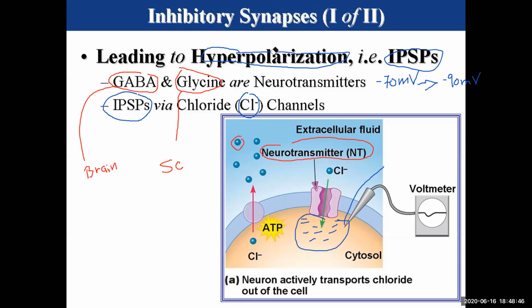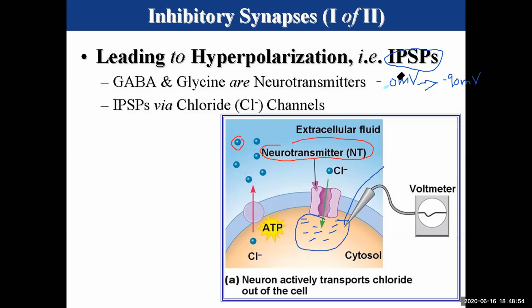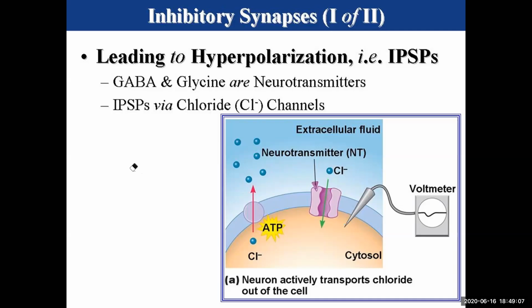So that's one way of creating an IPSP. There's another way of creating an IPSP, and that's on the next slide. So there's yet another mechanism. So there are two ways to create EPSPs, and now we're going to learn there are also two ways to create IPSPs.